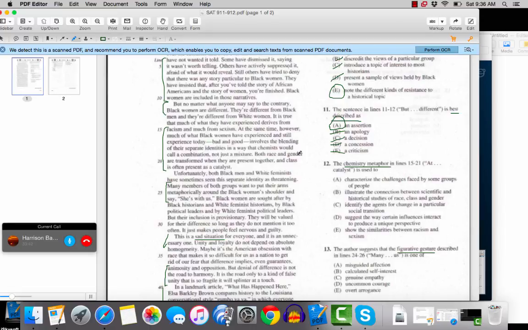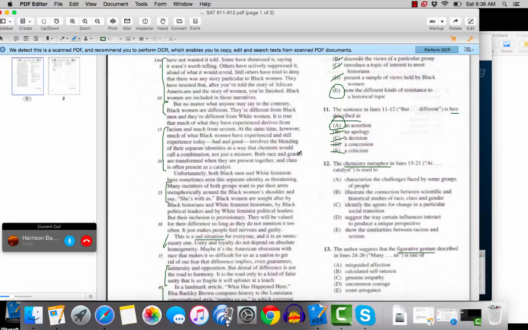There's so far been nothing in the passage about a social transition. Great. And then D suggests the way certain influences interact to produce a unique perspective. This could be it, but I don't like the whole unique perspective. Okay. But so great.